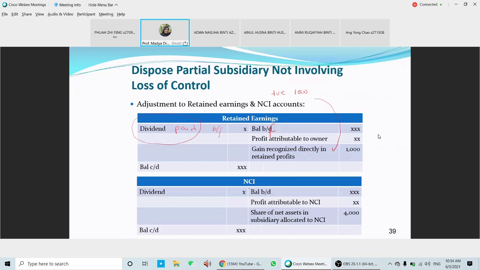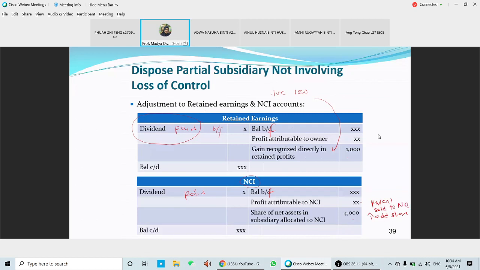For the NCI, also dividend paid. To find the dividend paid for the NCI here: balance brought forward, profit attributable to NCI, share of the net asset. This means that the NCI increases with additional shares, because the parent sold to the NCI.